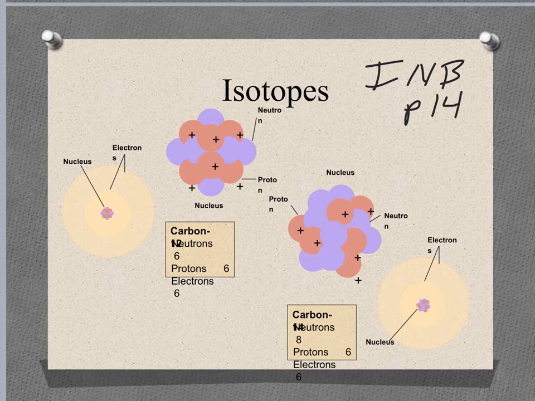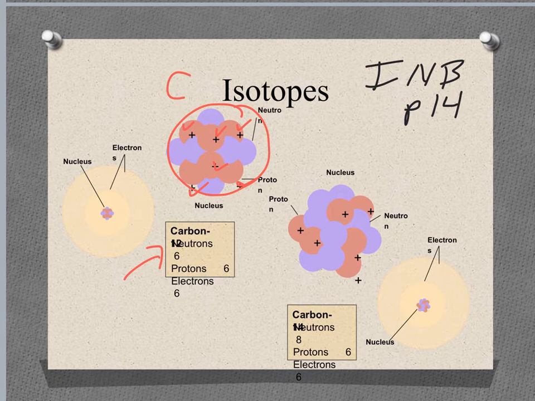Now, this is what you have on your page 14. Look how you can identify the atom that you have. I have 1, 2, 3, 4, 5, and 6 different protons. That's how I know that this is carbon.